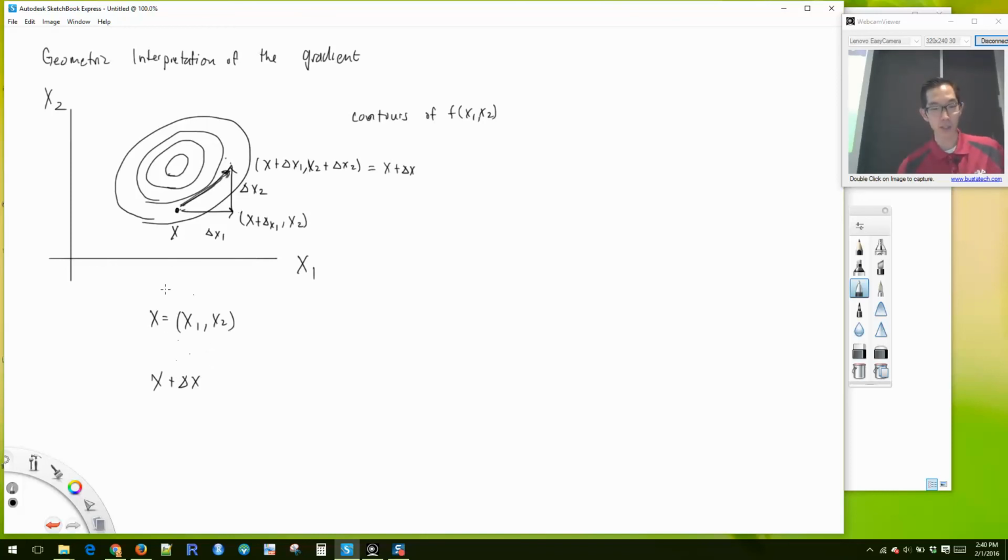So the gradient is, there's f of x, and then we've got f of x plus delta x. What is the difference between these values, okay?